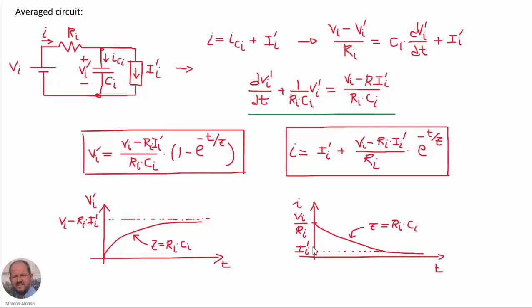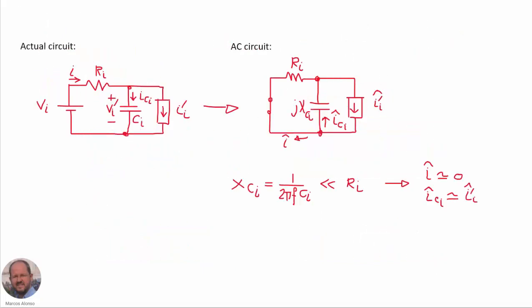input current I prime. Regarding the AC components that we are going to have at the input, we can consider here the actual circuit, in which we are considering the current circulating through the input of the actual SCC, the total current including all the harmonics, not only the DC component but also the AC components. If we consider only the AC circuit, then the input voltage is going to be a short circuit, and we have the input resistance and the equivalent capacitance.